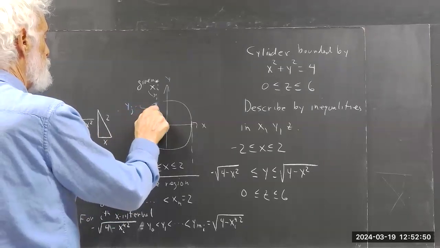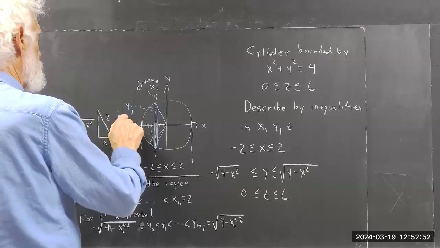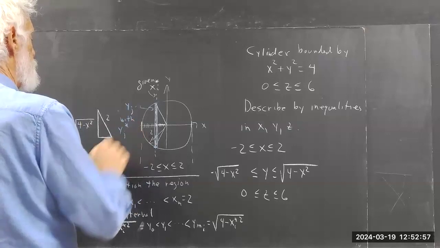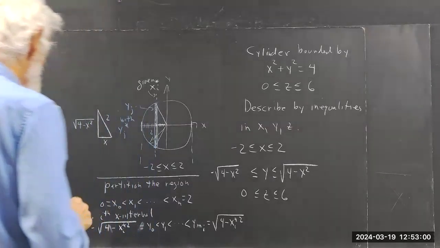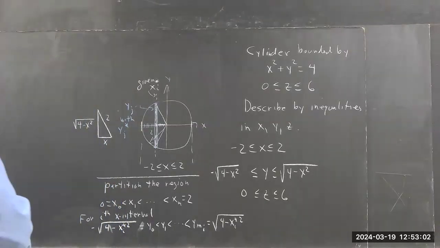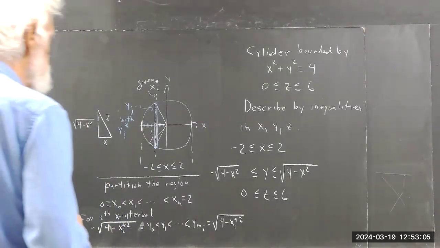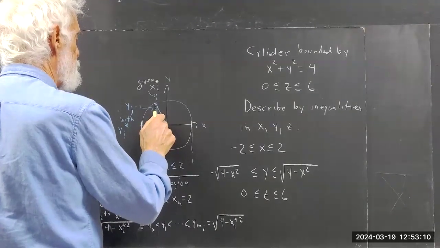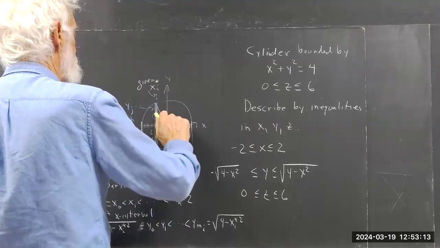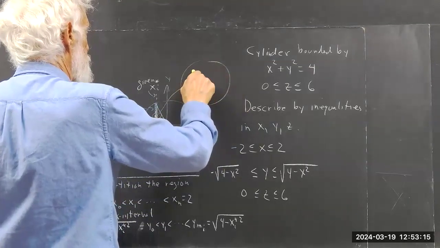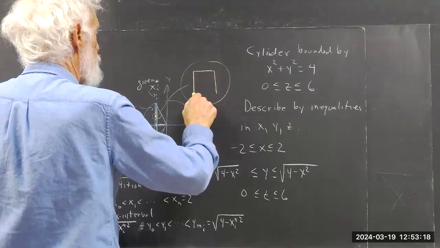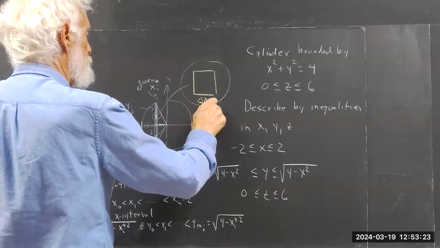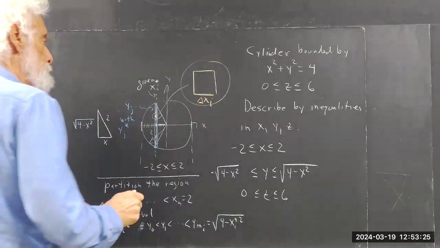These are your yj's, each with a yj star. So if we take one of these increments here, let's just take this one right here, and magnify it. Its dimensions are delta xi.